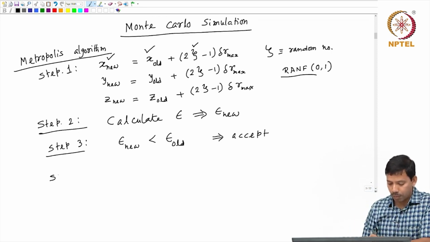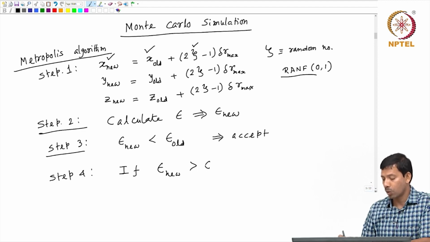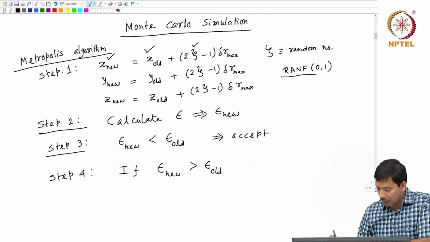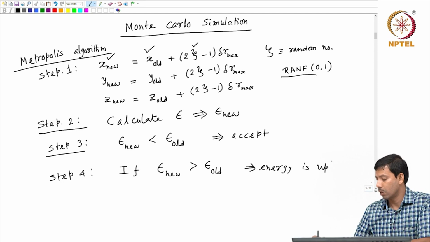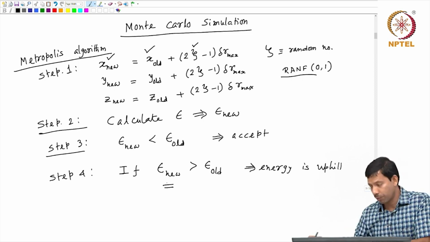In step 4, if my E new is greater than E old, I accept it with certain probability. I do not discard it completely. So, if energy is uphill, I accept this new configuration with the following probability.